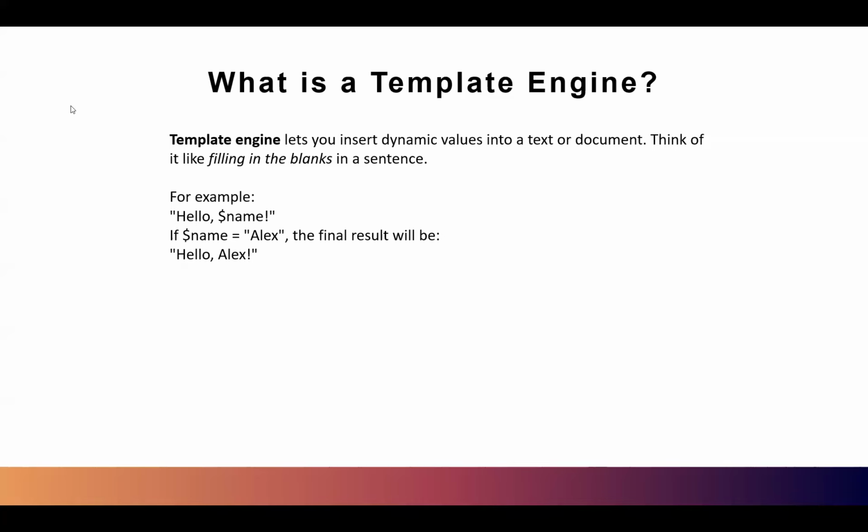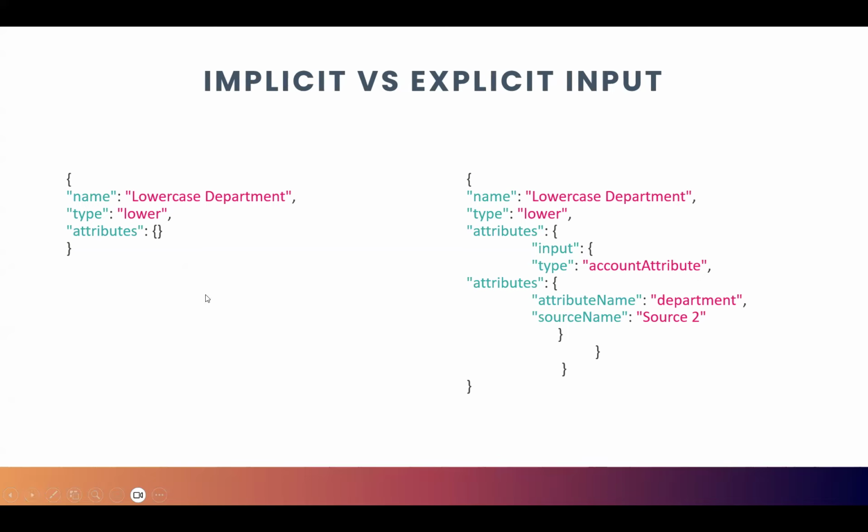Then we can pass values to a transform in two ways. We can pass it implicitly or we can pass it explicitly. So what is the difference between implicit and explicit transforms? A special configuration attribute value is available to all the transforms and that is called input.